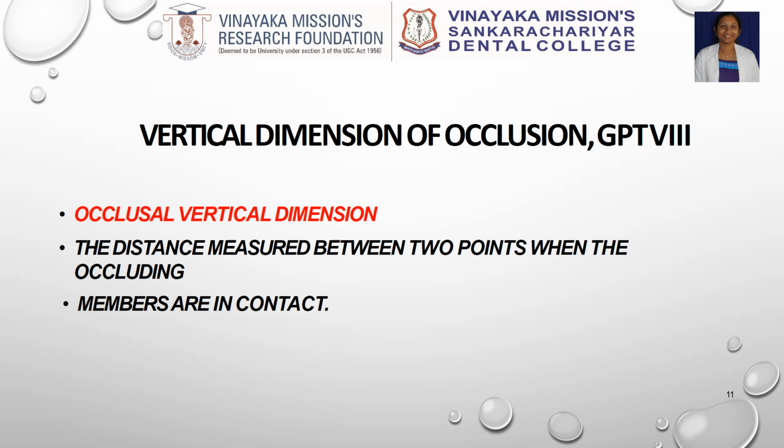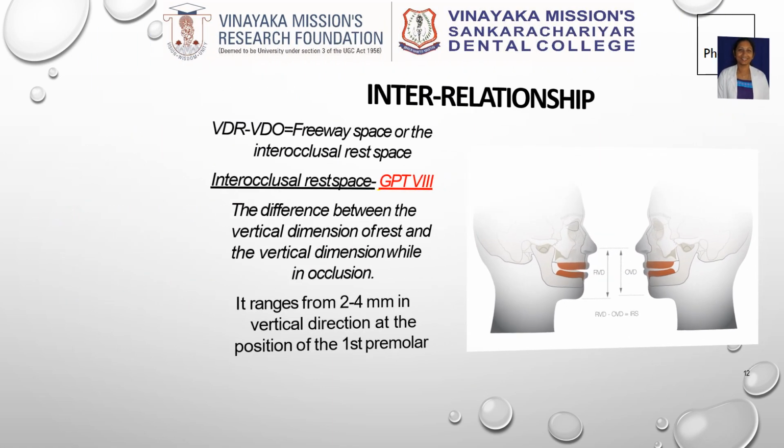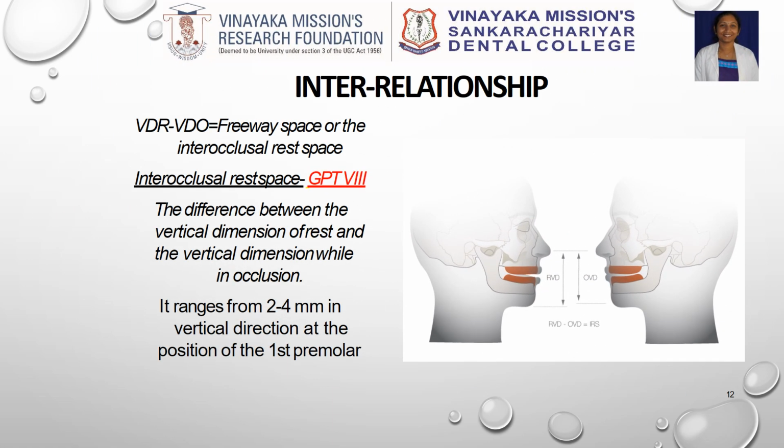In case of jaw relation, it is when the two occlusal rims are in contact. Once the vertical dimension at rest and the vertical dimension at occlusion are measured, the difference between the two gives the freeway space or the interocclusal rest space. This space is usually 2 to 4 millimeters, and it is preferably measured in the first premolar region.